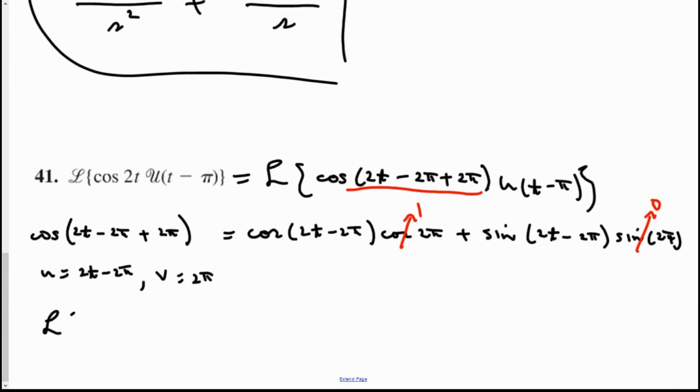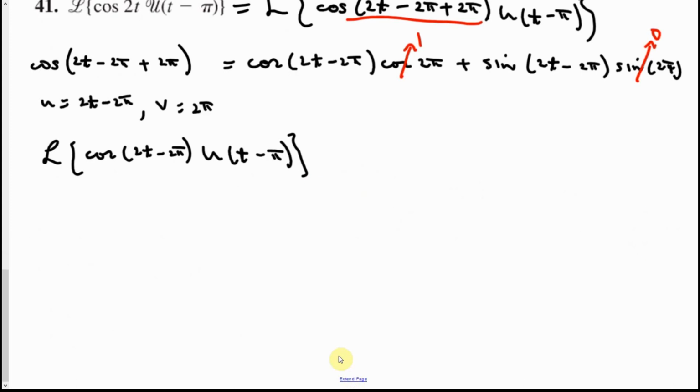So we have the Laplace transform of cosine. All you need is 2t minus 2 pi times the unit step of t minus pi. And you say, what about the 2? And over here for the unit step, it's just t minus pi.